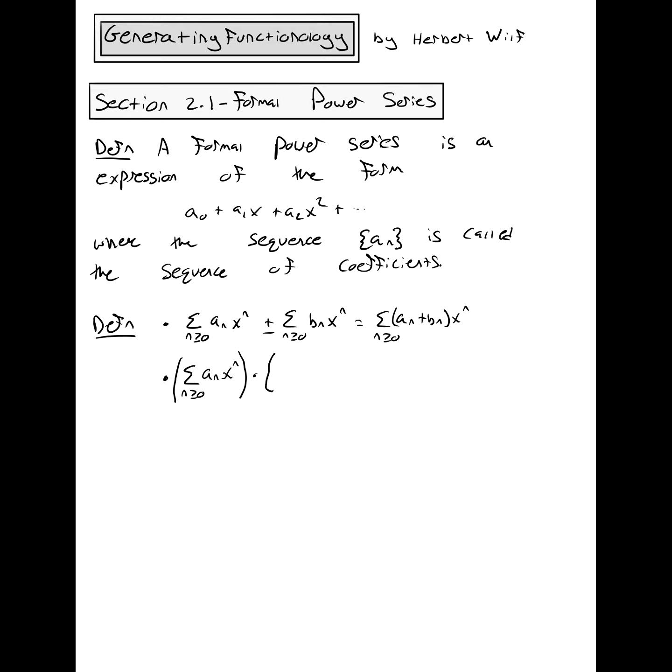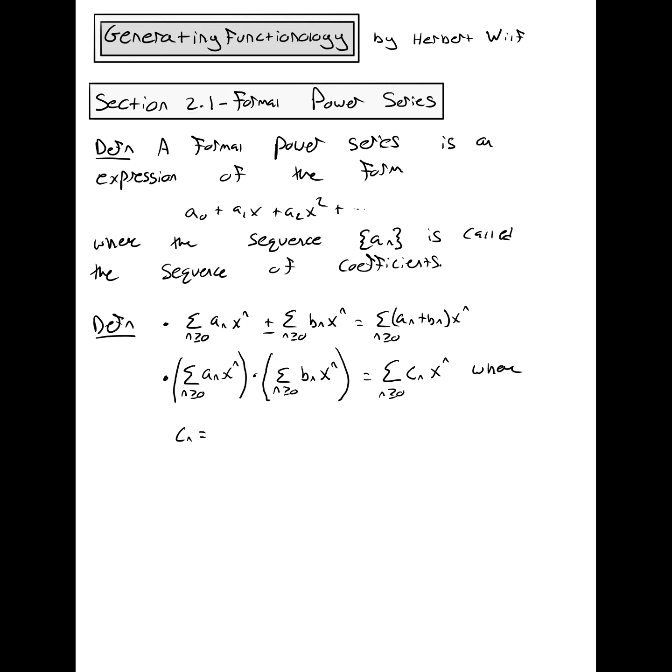So I'm going to use this dot to represent the multiplication, but if we wanted to multiply two power series, then we want to get another power series, and the corresponding sequence is going to be denoted by c n here.